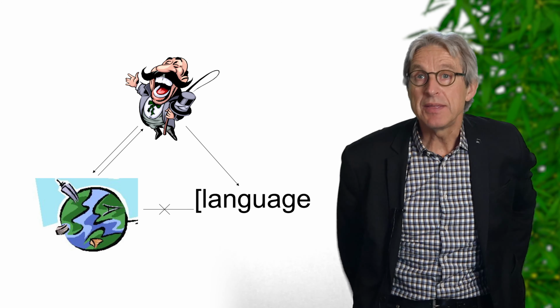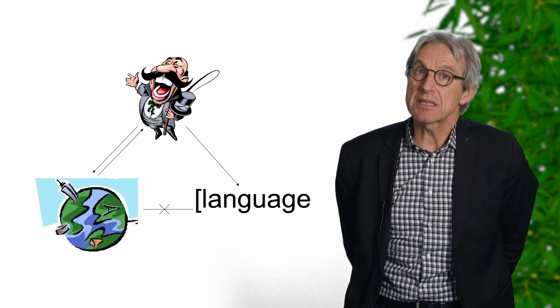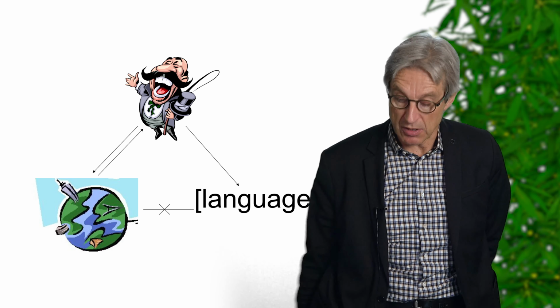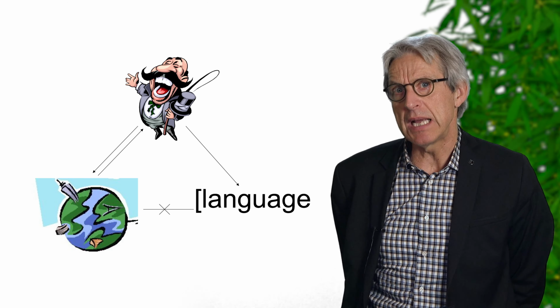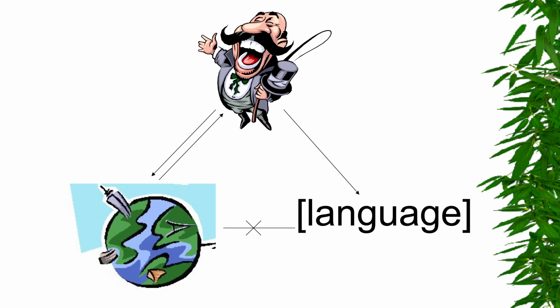The reality casts its image upon the language user, and the language user has a direct relation to language. But at the same time, there is no direct relation between language and reality. So the relation between language, language structure, and reality is always through the language user, through the speaker.